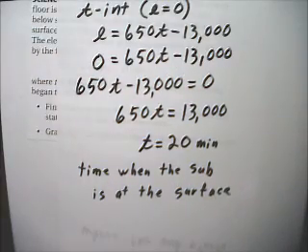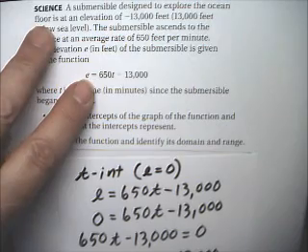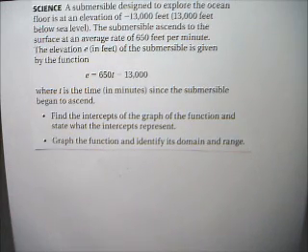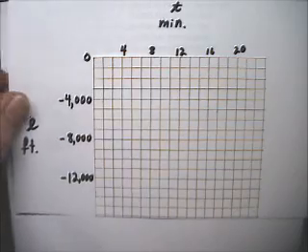Okay, so we've answered their questions about the intercepts, and now it says graph the function and identify its domain and range. So I've made a graph for us here.